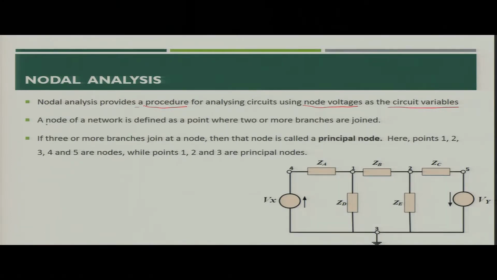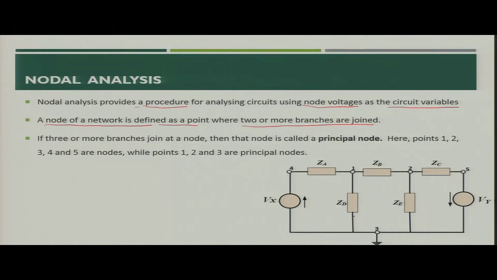Now, a node of a network is defined as a point where two or more branches are joined. If you see this particular figure, 1, 2, 3, 4, 5 are the total nodes. For node 4, you are joining the impedance ZA and the voltage source Vx.